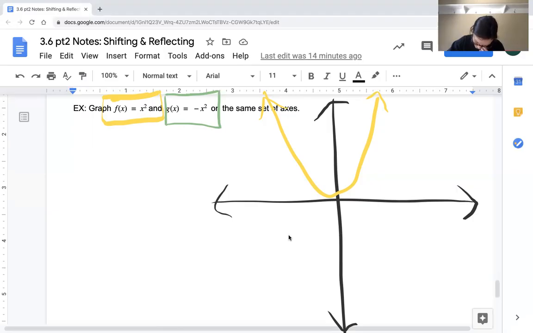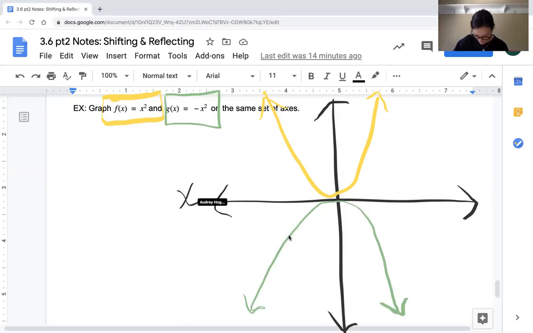So that means I'm just going to flip it over. That's a terrible reflection, but the point is that these two graphs should be the same. So I will label my x-axis. And so we can see how our green graph is the same as our yellow graph, just mirrored over the x-axis. And that is the only type of reflection that we will cover for now.